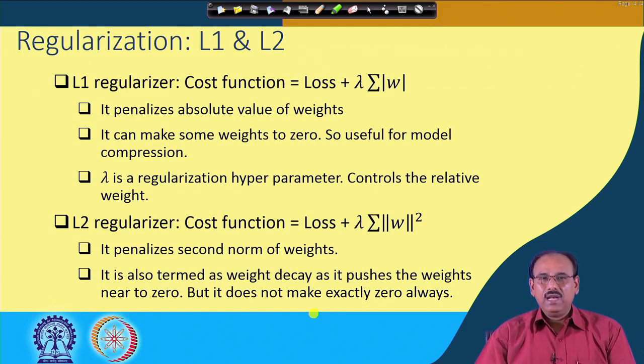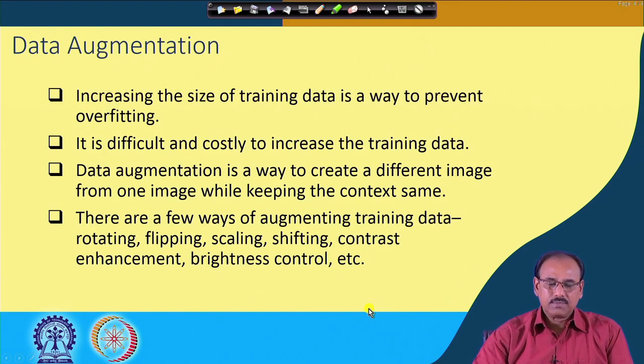Similarly, in case of the L2 regularizer, the loss function becomes data loss plus lambda times modulus of W squared. Here again it tries to penalize weight parameters which are too large. But because both the data loss as well as the regularization term are being optimized simultaneously, the weight vectors do not become 0. So, this is L1 regularization and L2 regularization.